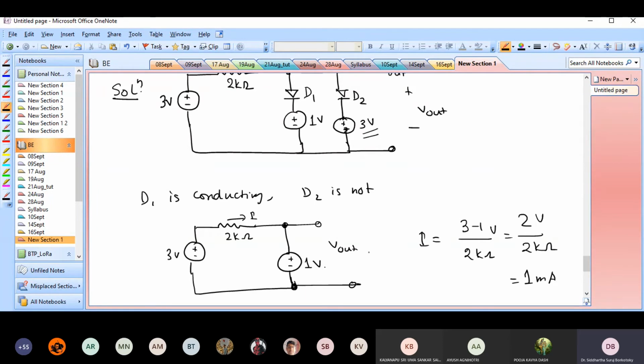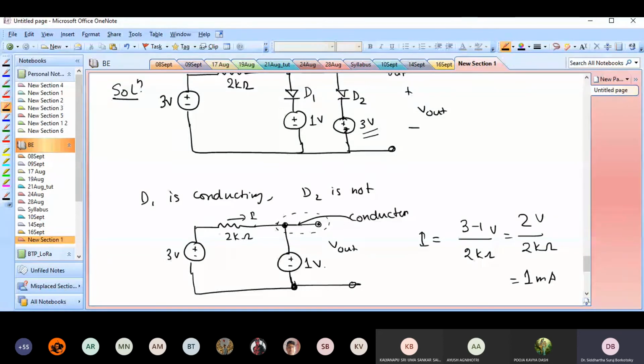You already see that V out is just the two terminals of that 1 volt source. So these are the same terminals. In circuit analysis, it's always very important to keep in mind that these things are the same terminals. These two terminals are the same because this is just a conductor, so no voltage drop in there. This is just for our visual convenience that I am drawing it like this.